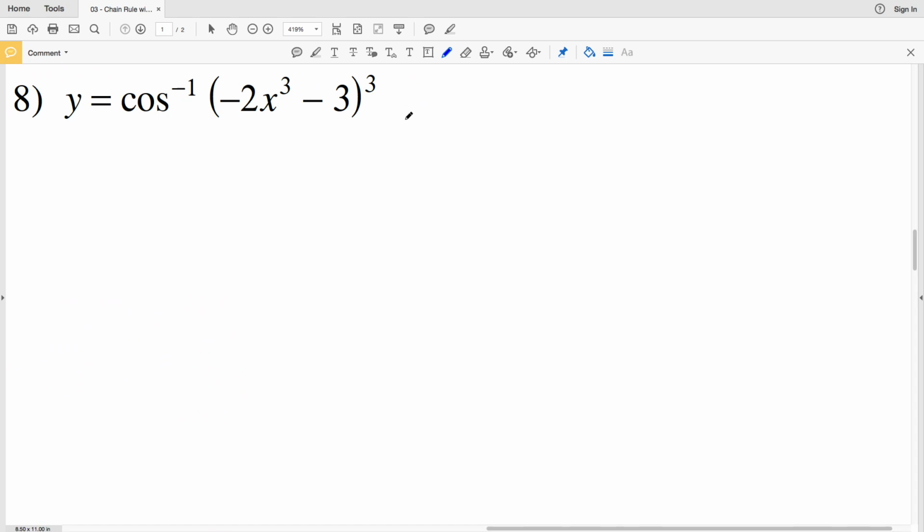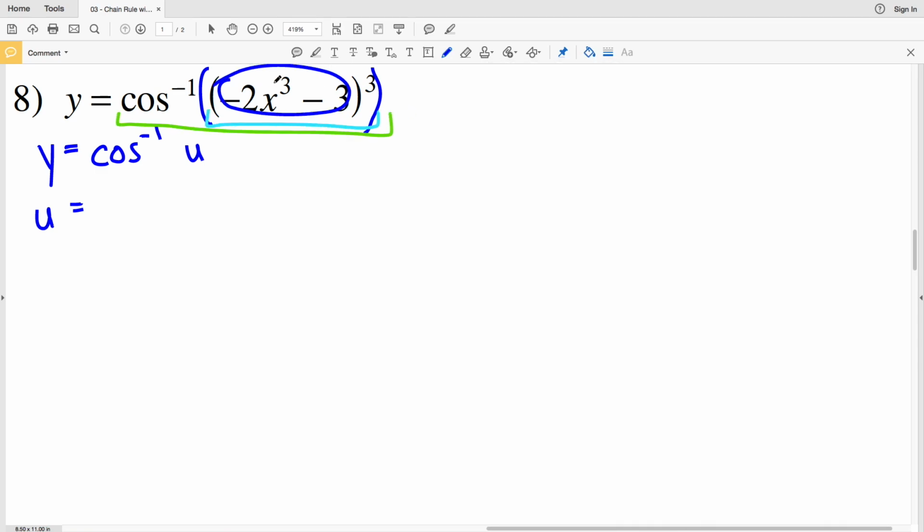So in number 8, again, I want to note that this cubed is applied within that inverse cosine. So that is going to be our outermost function. So y is going to be equal to the inverse cosine of u. Therefore, u is going to be set as some function v cubed.